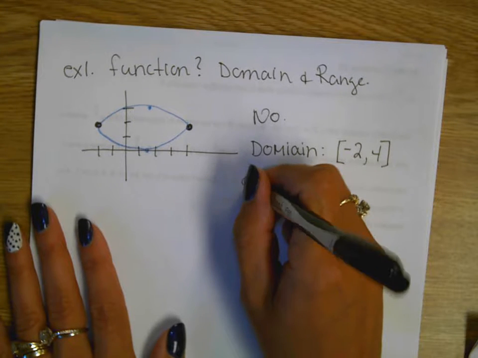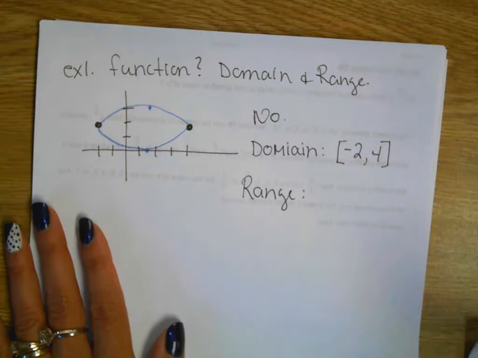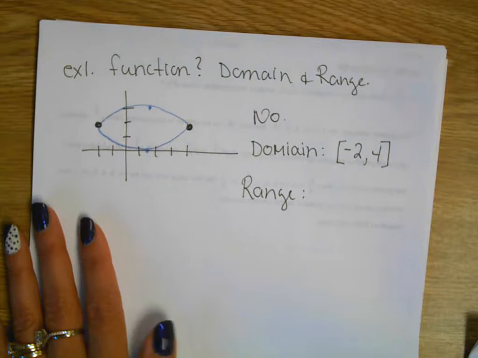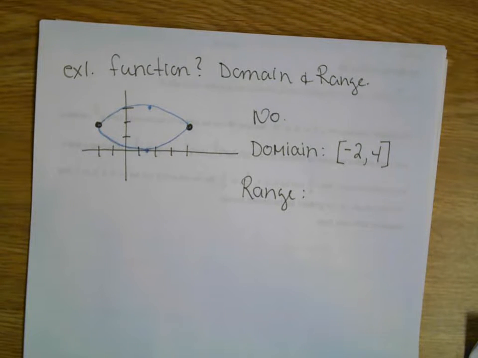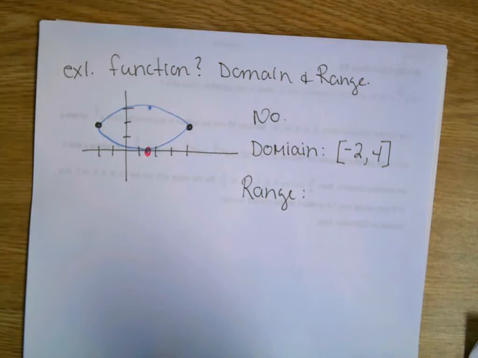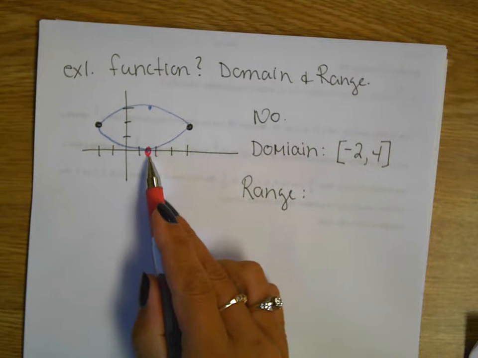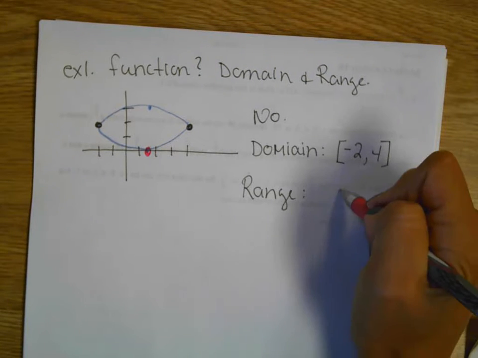Okay, range. Range is low to high. So find your lowest point on the graph. Lowest point is right here. And range is y values. What's the y value for this point? 0.